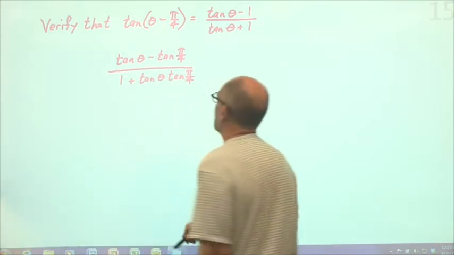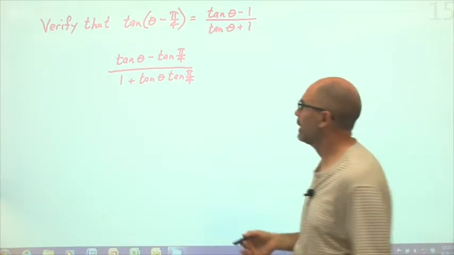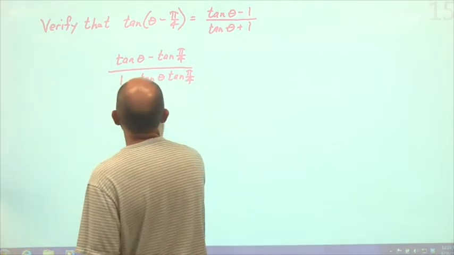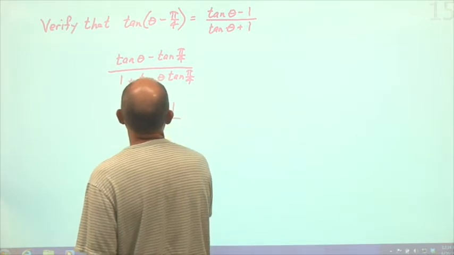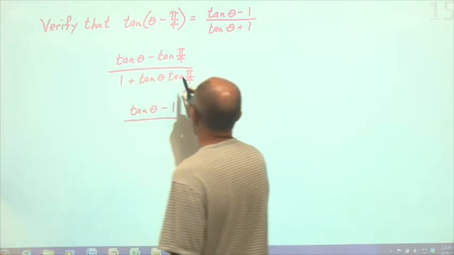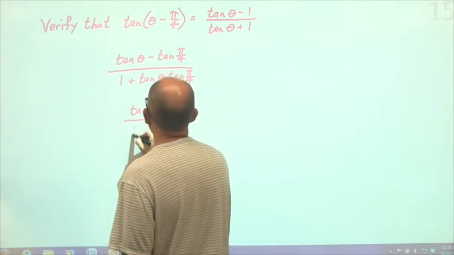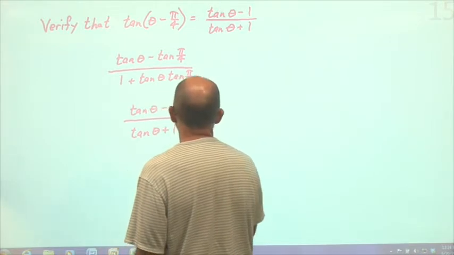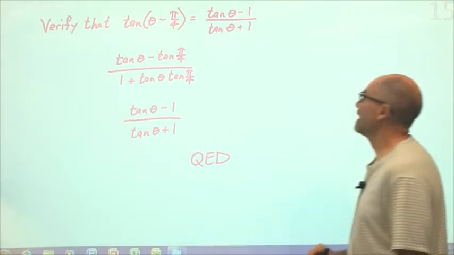Well, this is kind of nice because you know that tangent pi over 4 is 1, right? So that means this is tangent theta minus 1 over, now tangent theta times 1 is 1 plus tangent theta, or tangent theta plus 1. That's it. QED, game over.